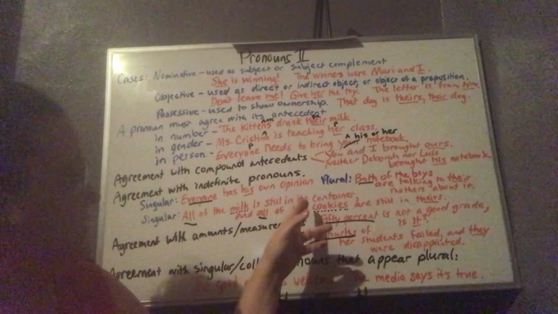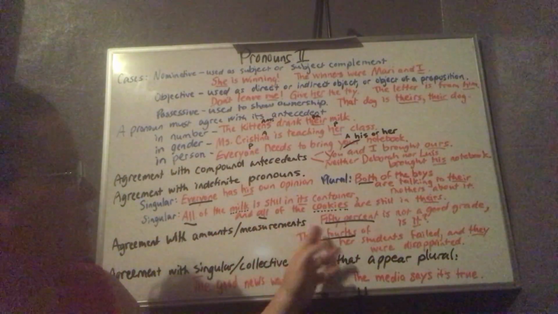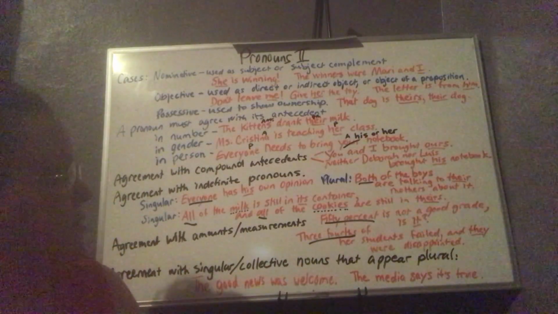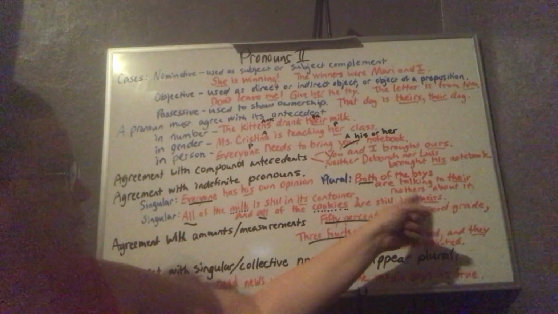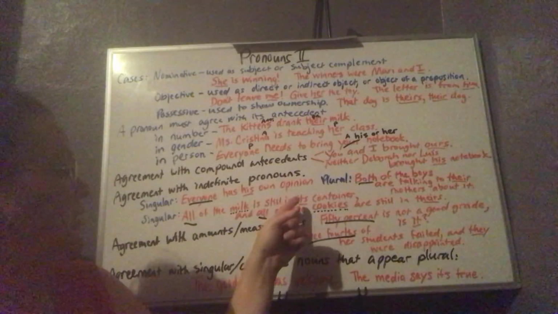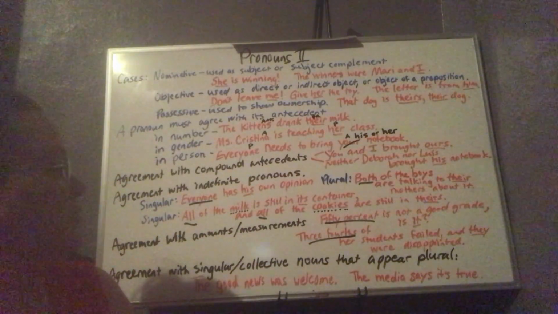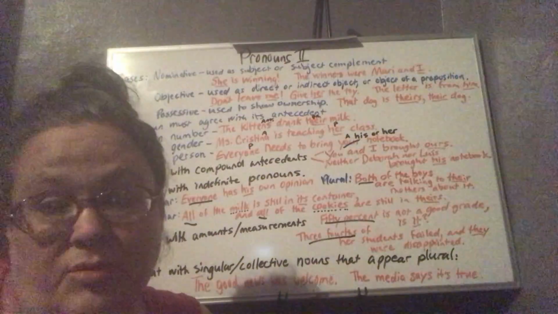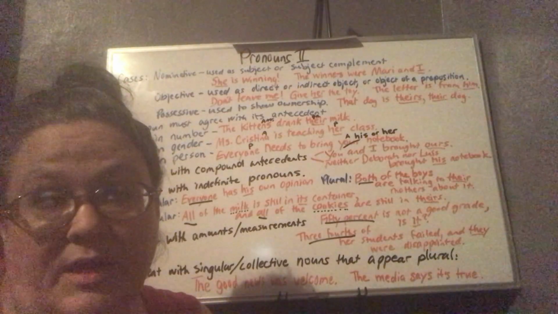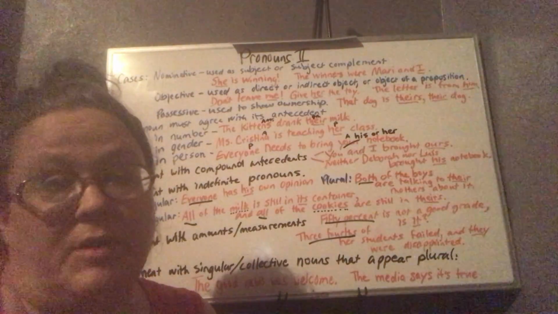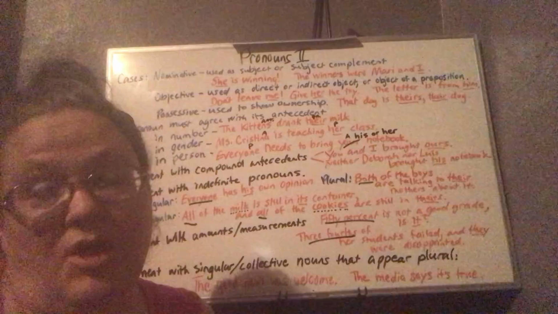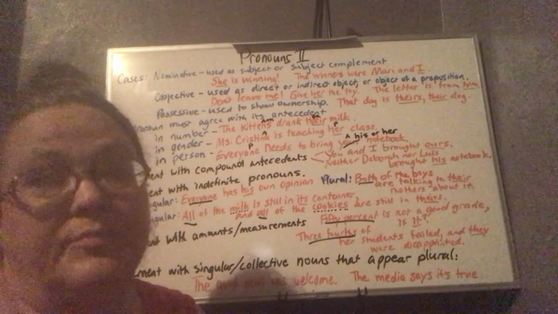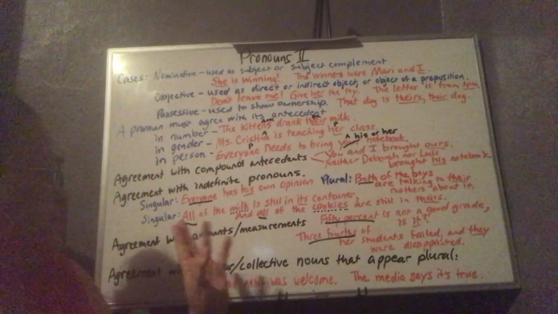All of the milk is still in its container, and all of the cookies are still in theirs. So theirs with the antecedent cookies, and its with the antecedent milk. Actually, technically the antecedent in both of those is all, but we have to know all of what we're talking about. Are we talking about all of a count noun or all of a non-count noun? Hopefully that makes sense to you.